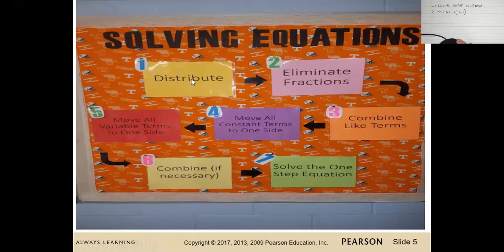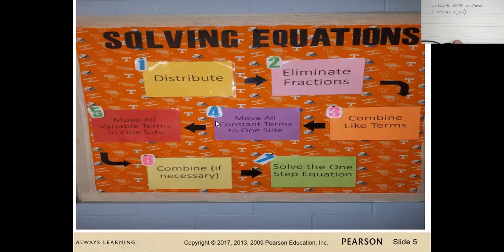Okay. And then if they have any fractions, and we're going to talk about what you do with the fractions, you'd want to eliminate the fractions. And it talks about combining the like terms. So remember, on each side, before we start moving constants and variables around or canceling out constants and variables, we want to make sure we've combined all like terms on each side.